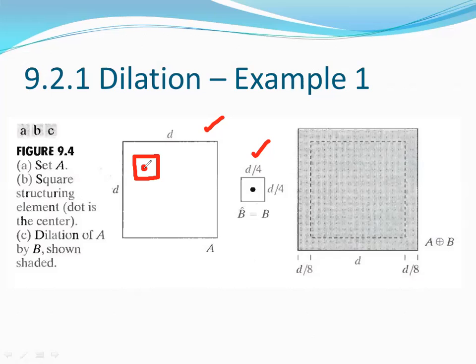The condition is that the central dot of the structuring element should not exceed the boundary. So on this side I can come in, and I can move straight away till here.